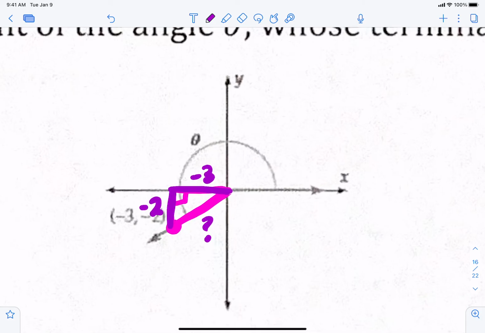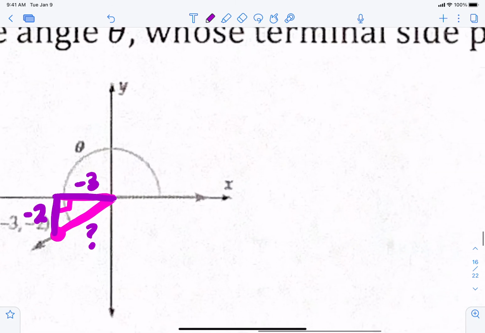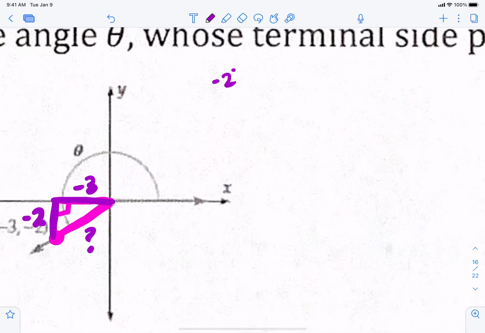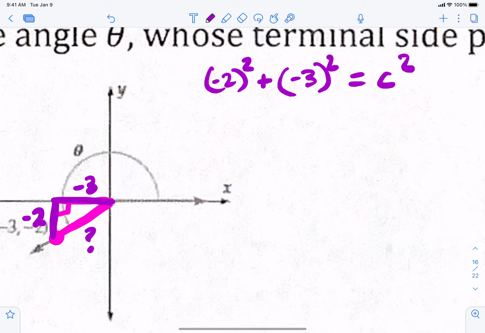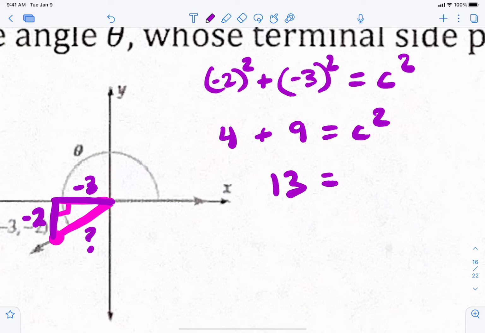Now we need to find the hypotenuse side. Okay? And this one's not a nice one. Doesn't come out nicely. So we do have to do the Pythagorean theorem. So we do -2 squared plus -3 squared equals c squared. What's -2 squared? 4. Is it positive 4 or -4? Positive. Always positive. Plus 9 equals c squared. 13 equals c squared.